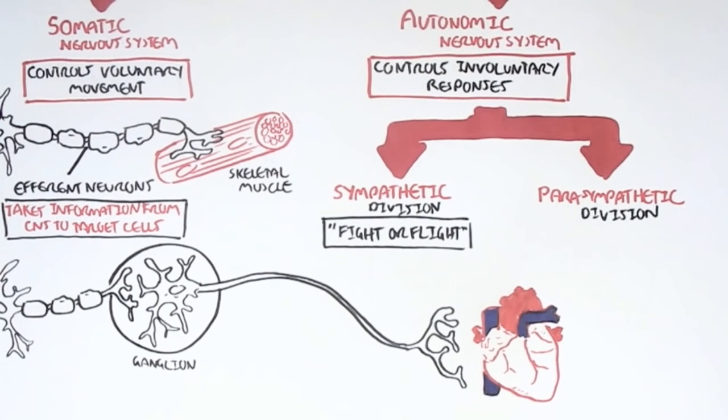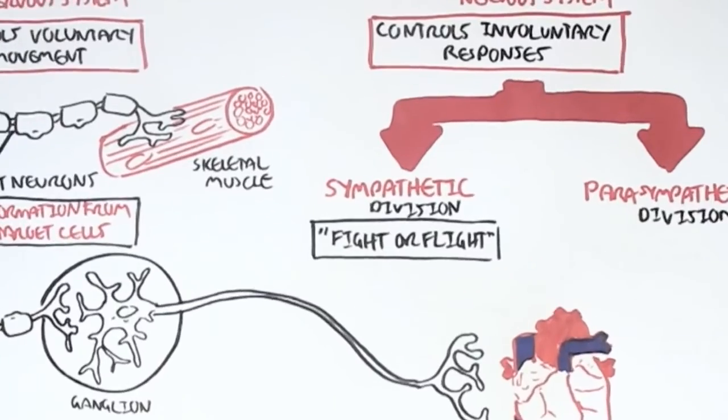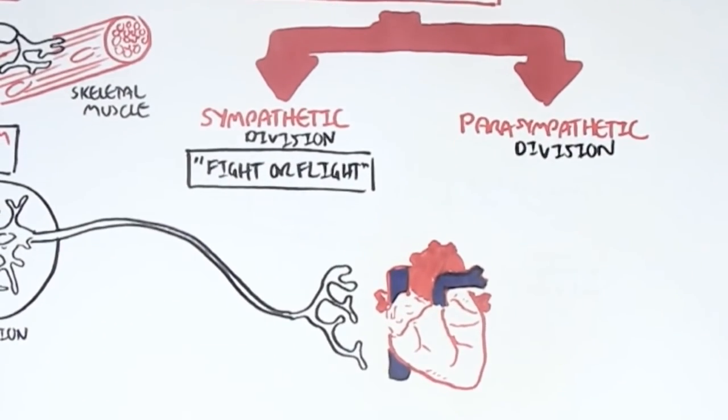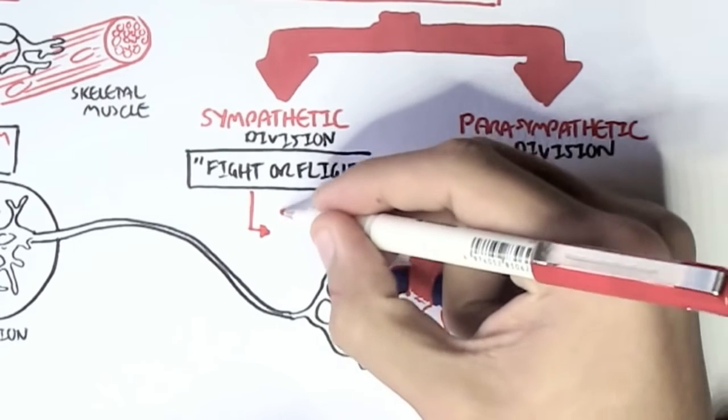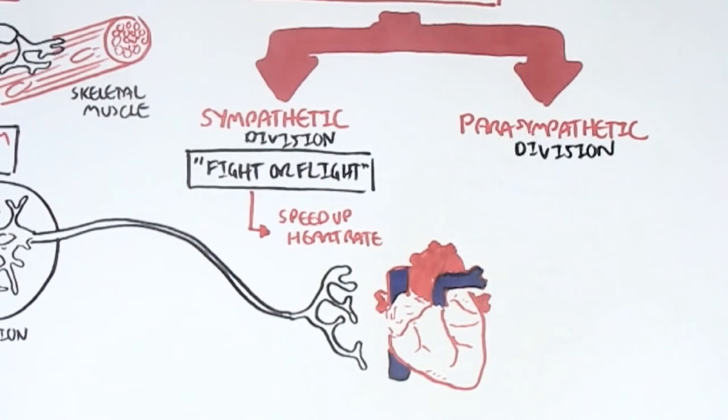And this is typical of the autonomic nervous system. The sympathetic division in particular will take these signals from the central nervous system to the target cell, that is the heart, to cause it to increase in heart rate, because we always have an increase in heart rate during activity, during exercise, right?